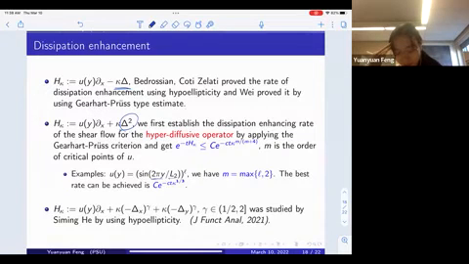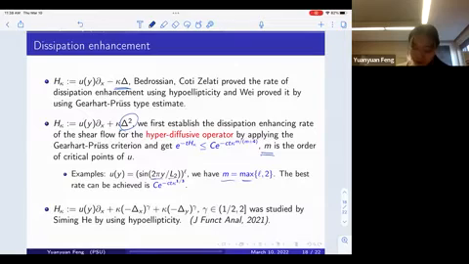For this shear profile, m is the maximum of l and 2. So for this shear profile, the best rate that can be achieved is C e raised to negative c t times kappa raised to 1/3. So this is our result.